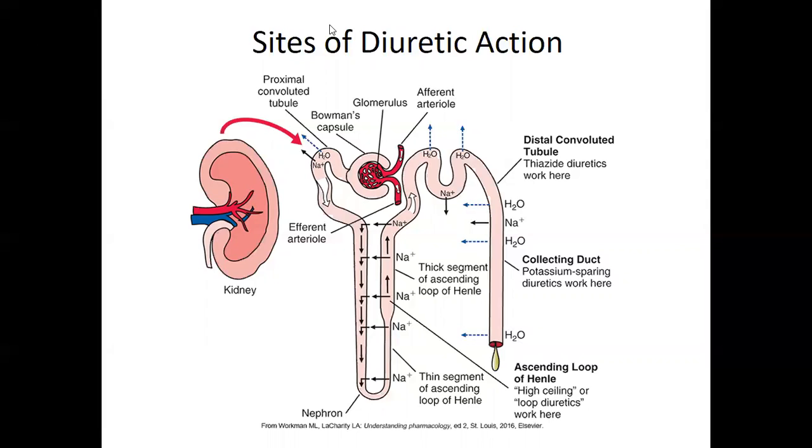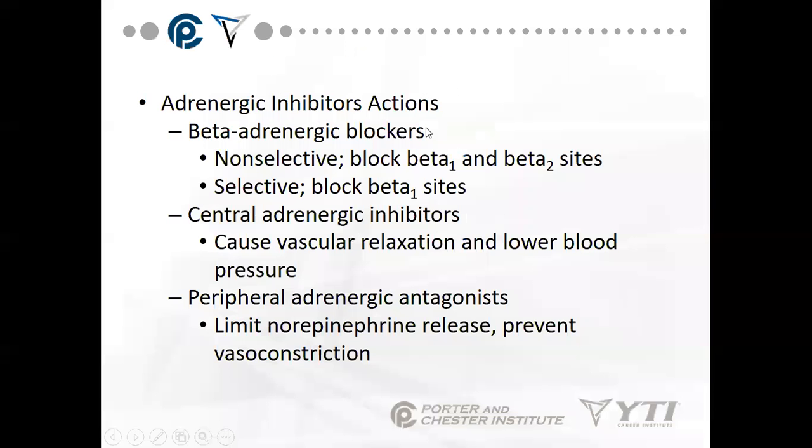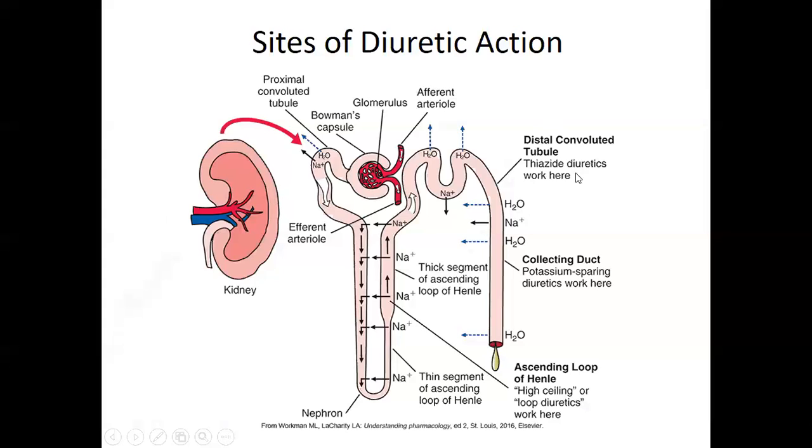Okay, great. The thiazides and the thiazide-like sulfonamide diuretics work over here at the end of the ascending loop of Henle and at the beginning of the distal convoluted tubule, which is over here.